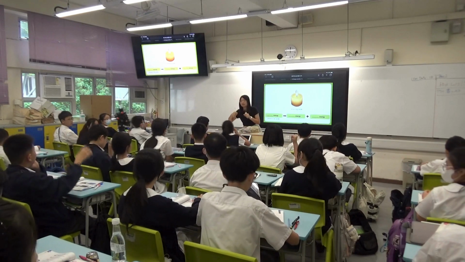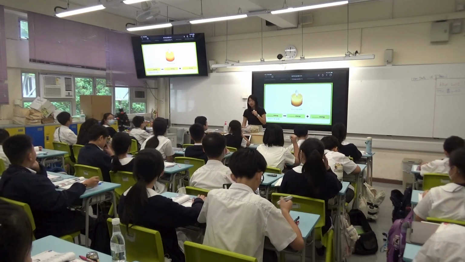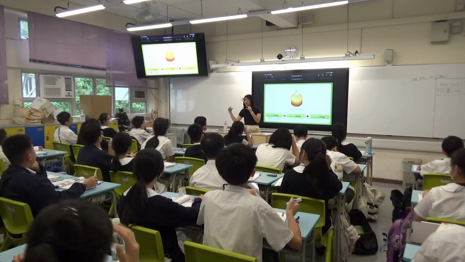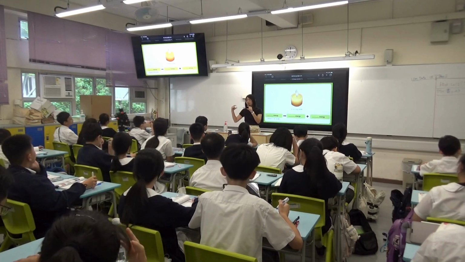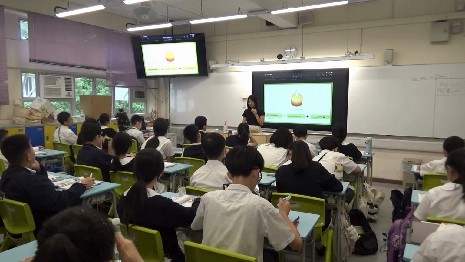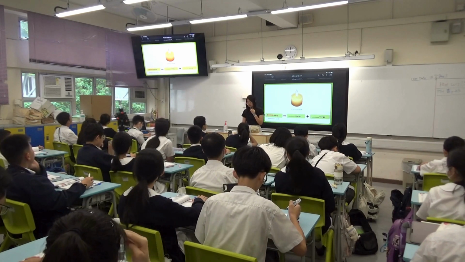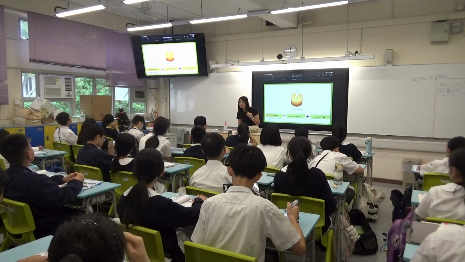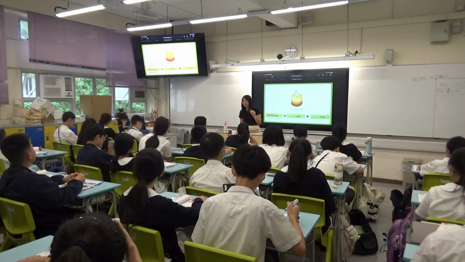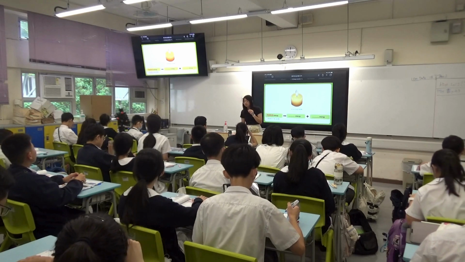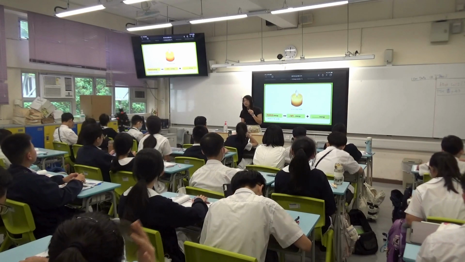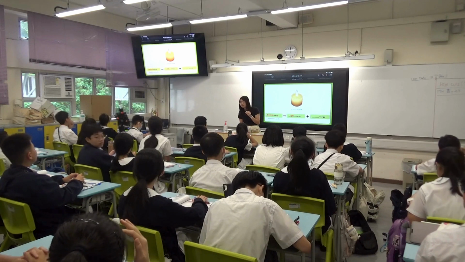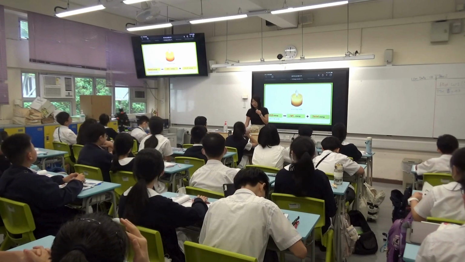Chemical energy. Maybe the full sentence this time because we have already gone through it. Burning candle. The chemical energy is stored in the candle. And it turns into light energy and thermal energy. Yes, very good.